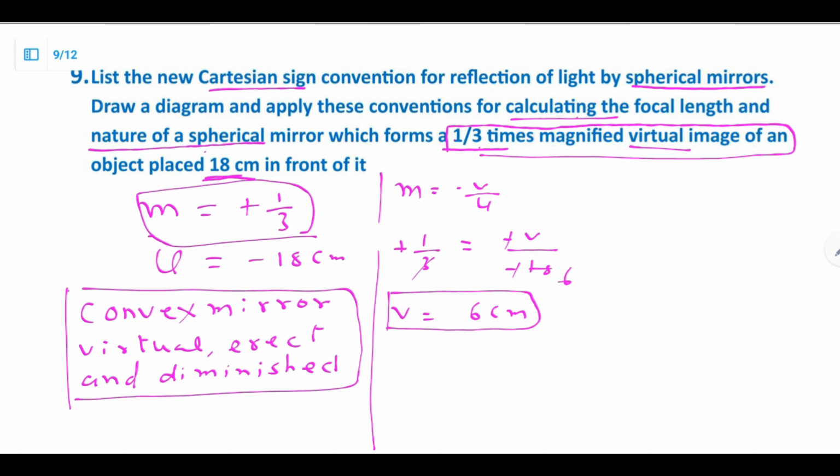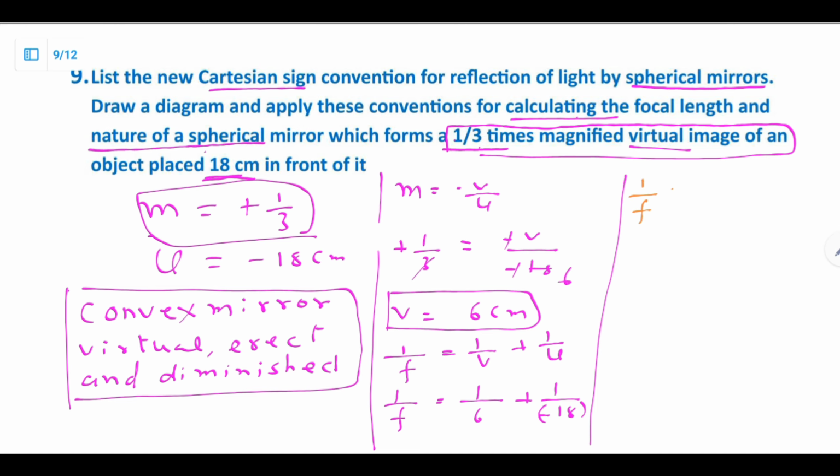Next is focal length. Using the mirror formula, 1 by f equals 1 by v plus 1 by u. 1 by f equals 1 by 6 centimeters plus 1 by minus 18 centimeters. So 1 by f equals 1 by 6 minus 1 by 18.